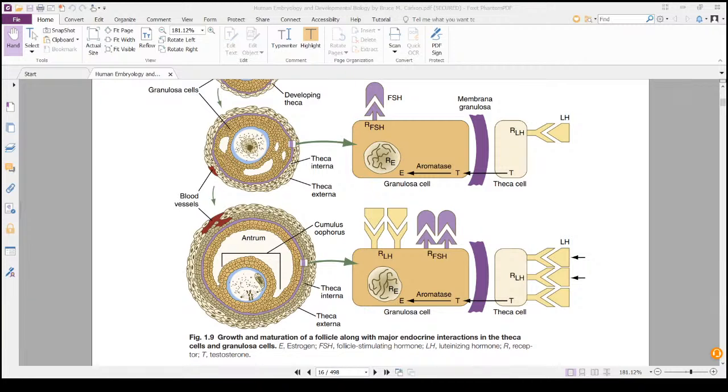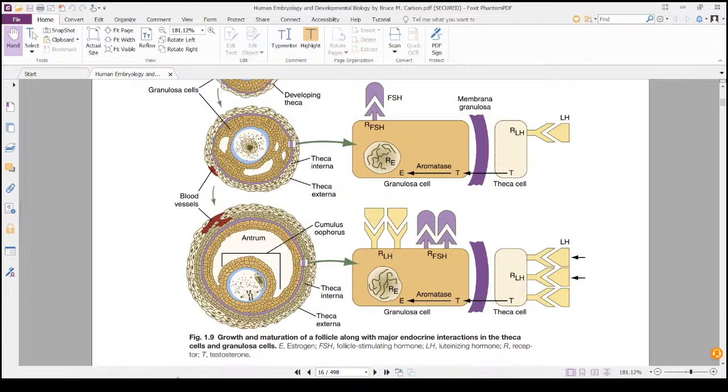Now you can see here two types of cells: cumulus oophorus or cumulus cells, and mural granulosa cells. The granulosa cells, the epithelial cells which are directly surrounding the oocyte, in direct contact, are known as cumulus oophorus or simply cumulus cells.